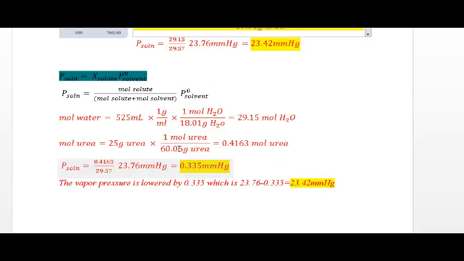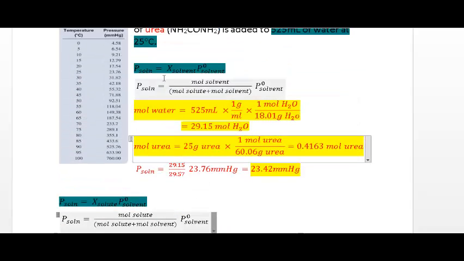So you can calculate the change, how much the vapor pressure is going to get lowered, subtracted from the standalone value. That's one method. In this case, you're solving for the mole fraction of the solute. Or you can do it this way, get the mole fraction of the solvent and multiply it by the standalone value. Both methods give you the same answer.